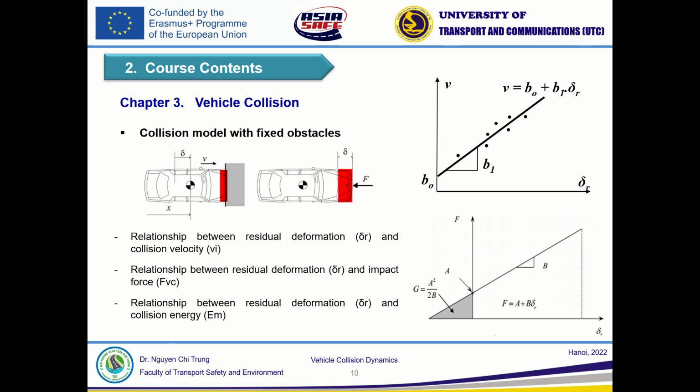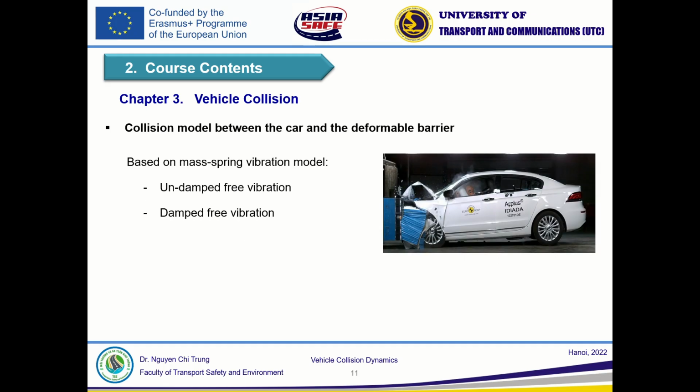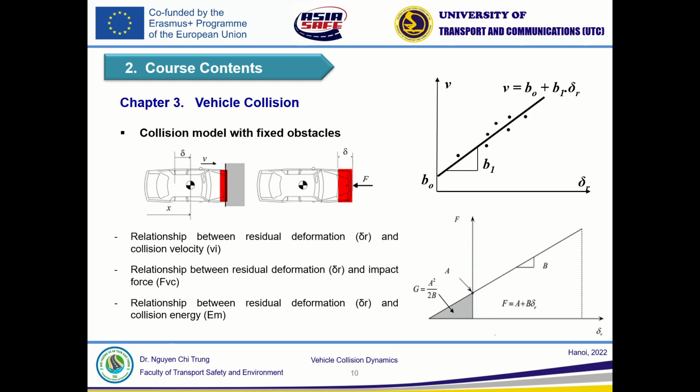There are 3 relationships. The first, relationship between residual deformation and the collision velocity. Second, relationship between residual deformation and impact force. And the third, relationship between residual deformation and the collision energy.